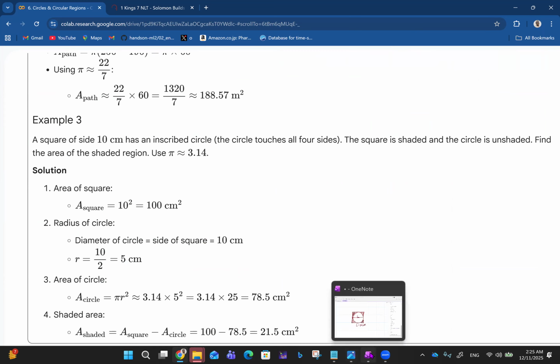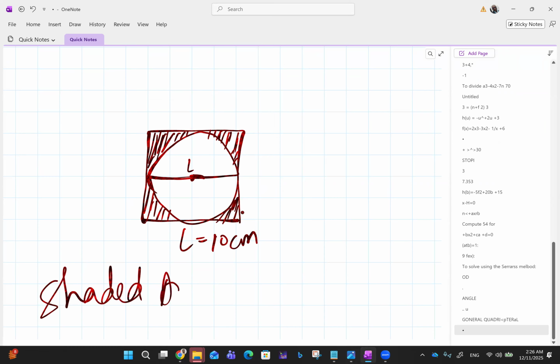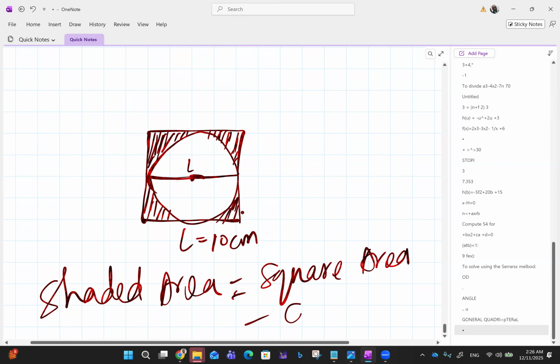Of course, the shaded area is going to be the square area minus the circle area.